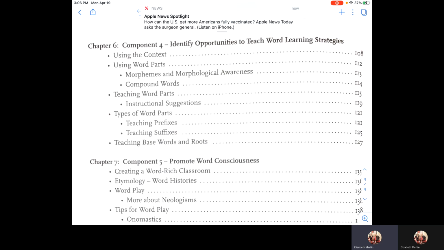So teaching the word parts, that would be teaching the prefixes, the suffixes, the base words, the roots. These are all things that are going to help our students build on the vocabulary because they know what a prefix of re means to redo, or the suffix ed in the past tense.